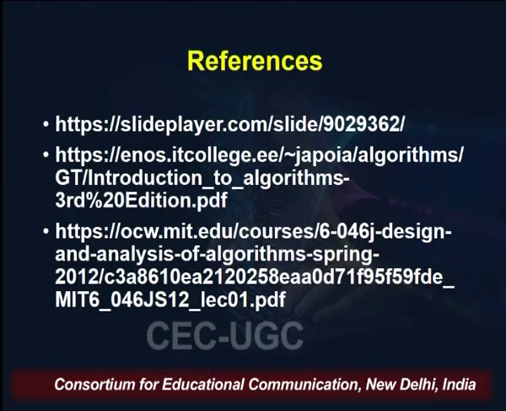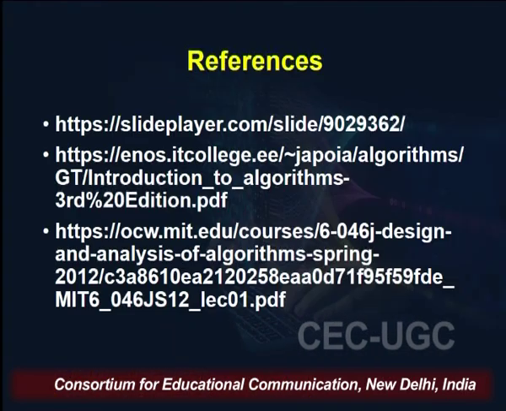We looked into what order statistics actually is, and then we saw a trivial algorithm for the first order statistic, that is minimum, and for the last, nth order statistic, which is maximum. What we are going to cover in the next lecture is the ith order statistic. Here is a list of references used for the preparation of the lecture.